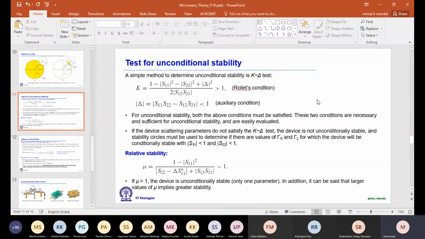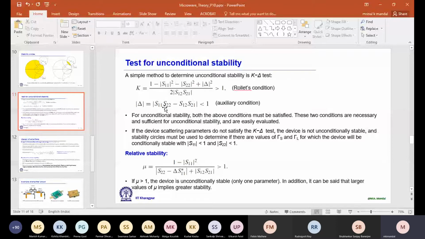So K value, which is given by this expression, depends on the S parameters of the given amplifier. That should be more than 1. Along with that, we have to satisfy one more condition. We call it the auxiliary condition. That is delta, its magnitude should be less than 1.